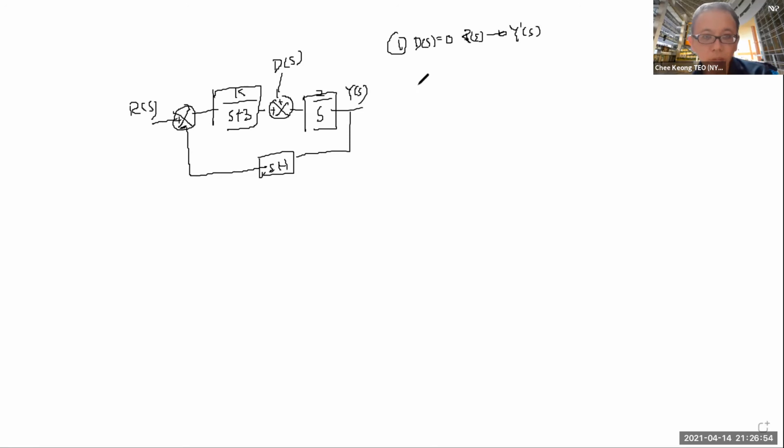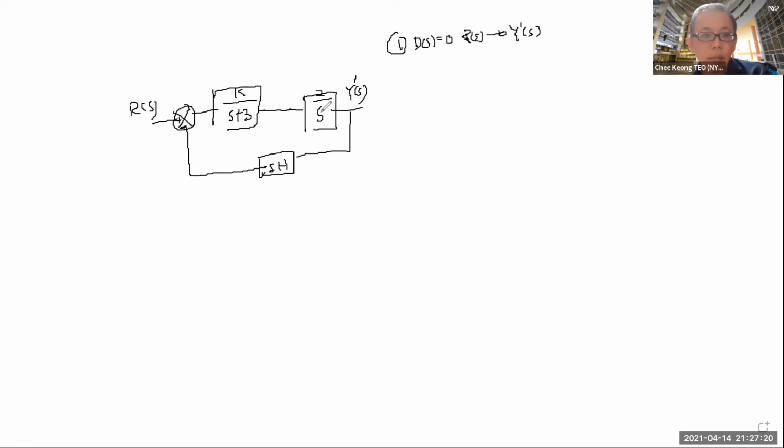If I remove the effect of D(s), this summing point becomes useless, so I can remove it as well. Now I can fully concentrate on the effect of R(s) on Y prime of s.